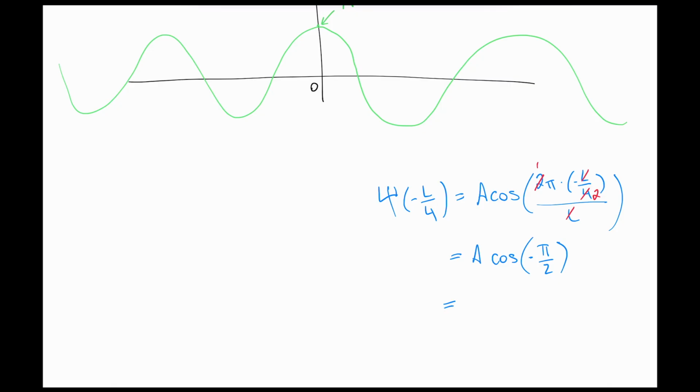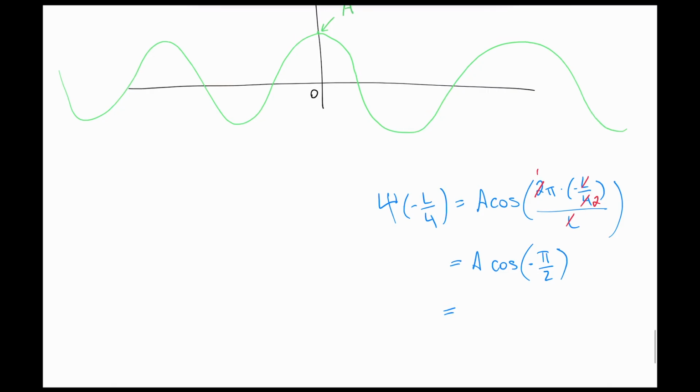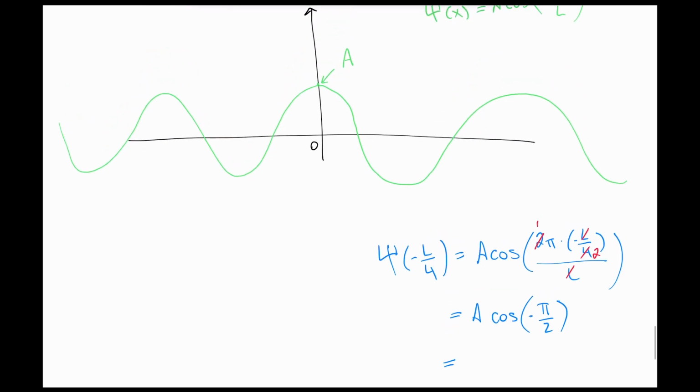If you plug in pi over 2 in your cosine, and you make sure your calculator is in radians, I think what you get is this point right over here. This point here is 0. This point right here is pi over 2. This point right here is pi. And this point over here is 2 pi.